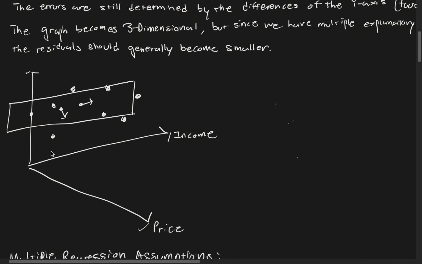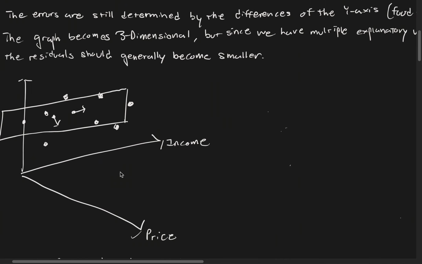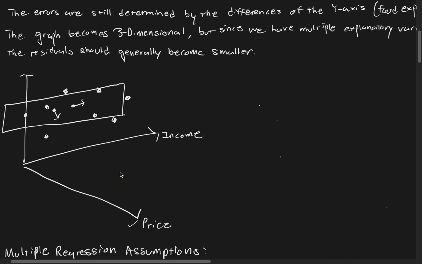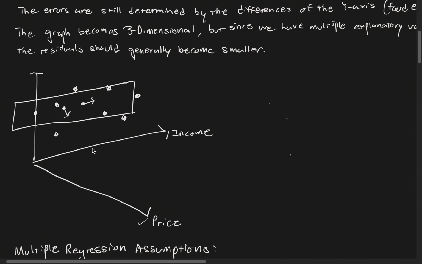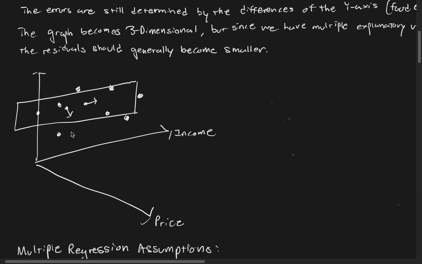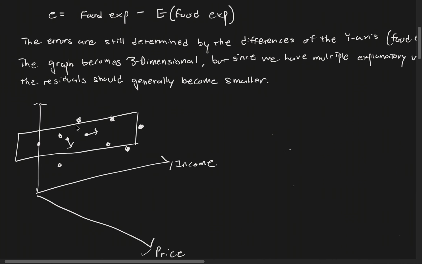I tried to draw my best out here, where the price and income are going in different axes. And since we have multiple explanatory variables, the plots are not necessarily two-dimensional, but in a 3D plane.